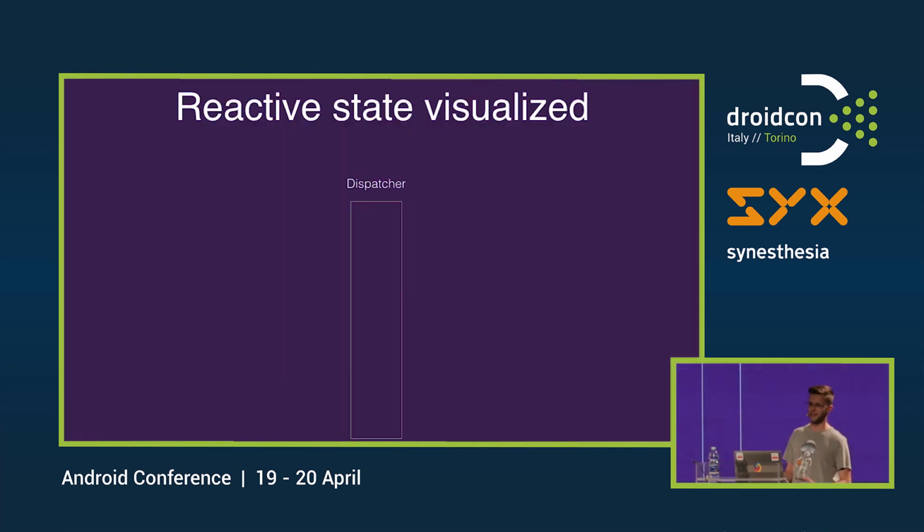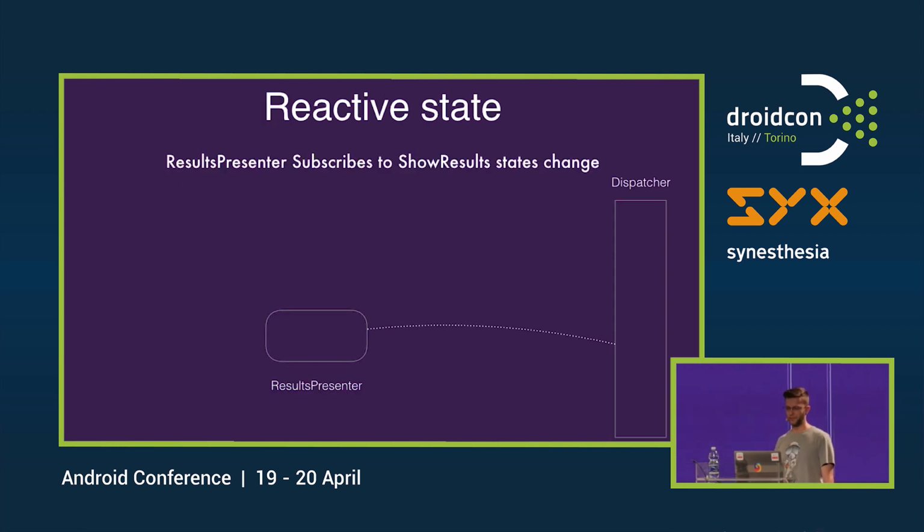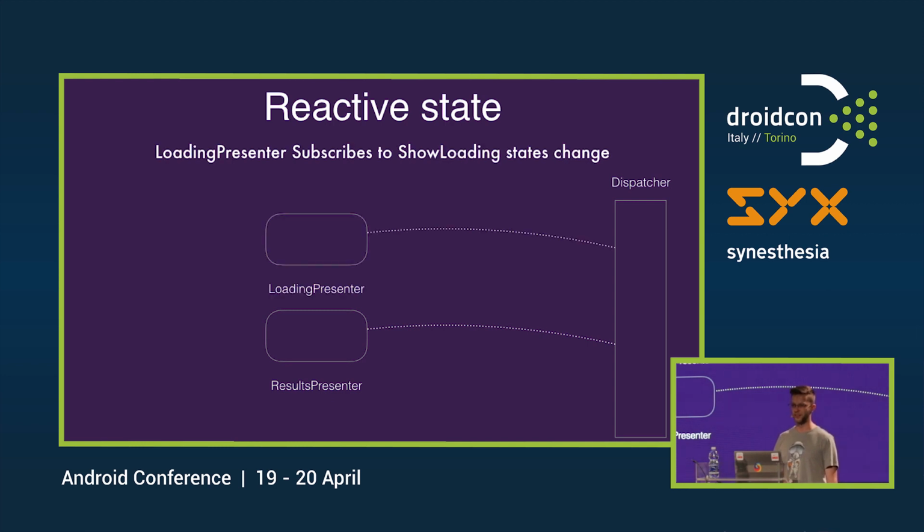Let's take a look at how this will behave visually. First thing, we'll have a dispatcher. It'll be centralized. Our result presenter, and again, it's not important that this is a presenter, it's just how I work with it, will subscribe to only the showing result state change. Our loading presenter will subscribe to only the showing loading state change.